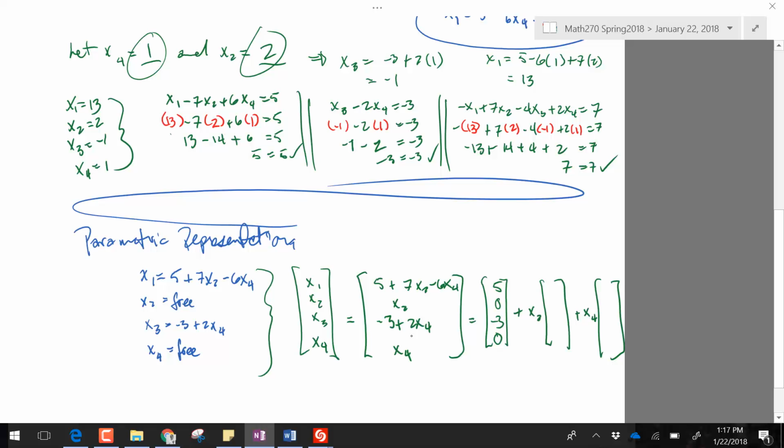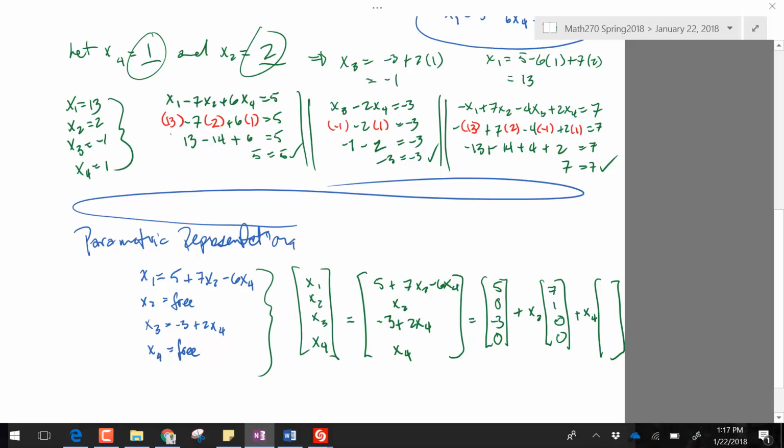And then now I look at the coefficients of x2. I have a coefficient of x2 for the first one. That's a 7 times x2. And then I have a coefficient for x2 for the second one. I don't see an x2 for the third one, and I don't see an x2 for the last one. So it looks like I have 7, 1, 0, 0.